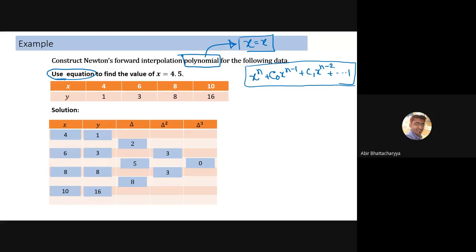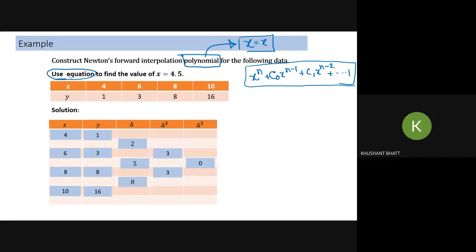So the first target is to find the polynomial. Second, put x equals 4.5 and we'll get the result. That is what we are intended to do. That's why we are taking x as x. Is that clear?